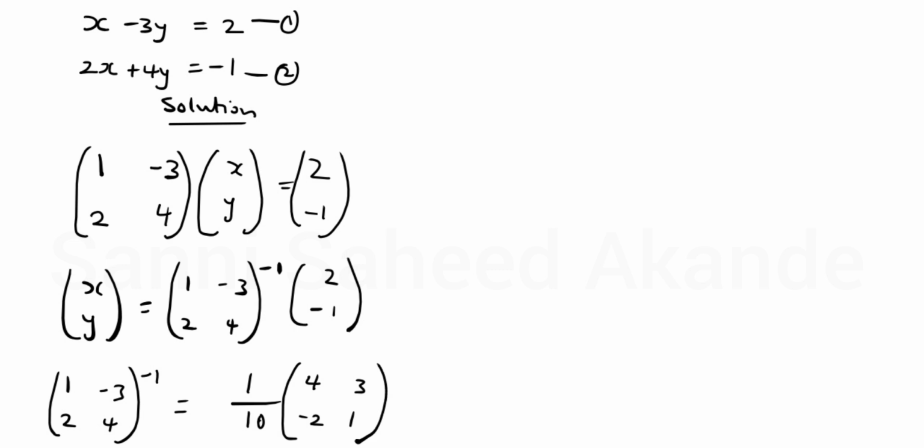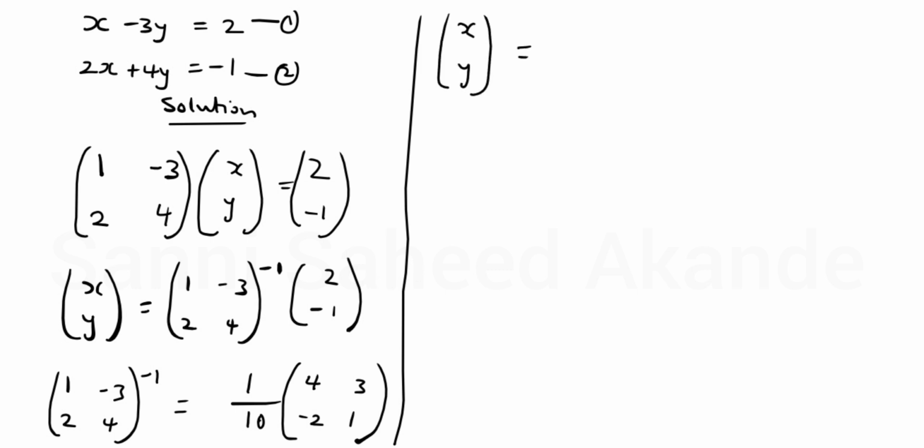We'll continue the equation from here. We now have x, y equal to, that inverse is 1 over 10, multiplied by 4, 3, -2, and 1. Then multiply by 2 and -1.